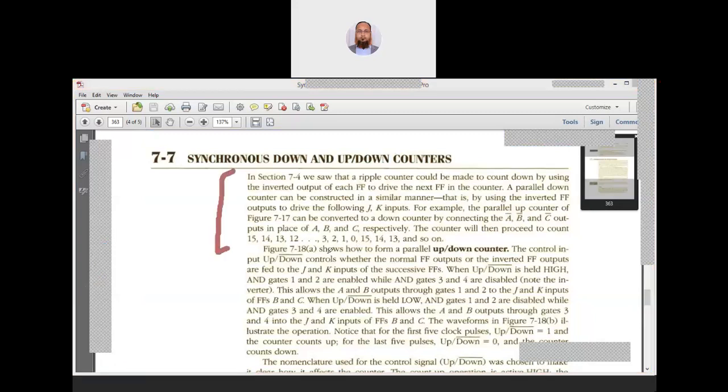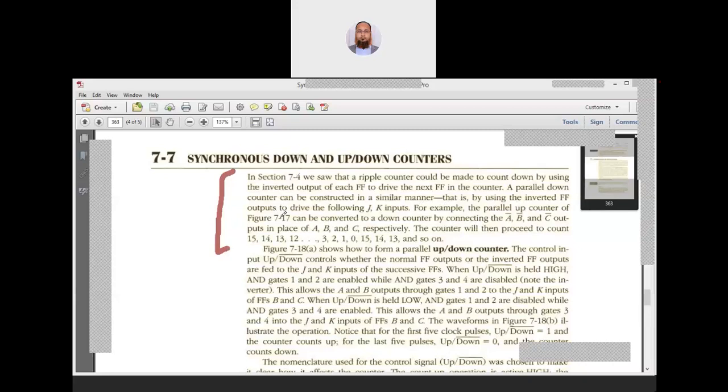This part is up to you. A parallel down counter can be constructed in a similar manner, by using the inverted flip-flop outputs to drive the following JK inputs. I have told you, and you can do this by yourself.